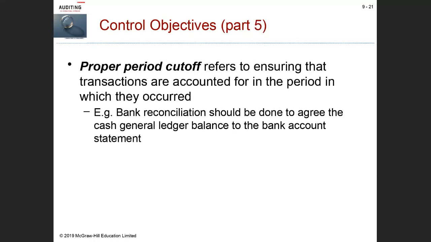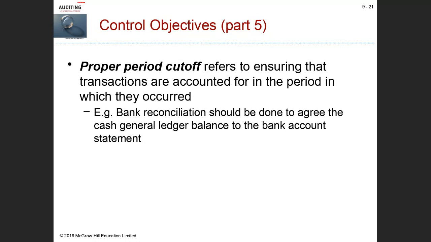And then we saw another error that might occur would be recording of transactions in the incorrect period. So we need an internal control which will ensure what we call proper period cutoff. Cutoff simply means are transactions recorded in the proper period or not.